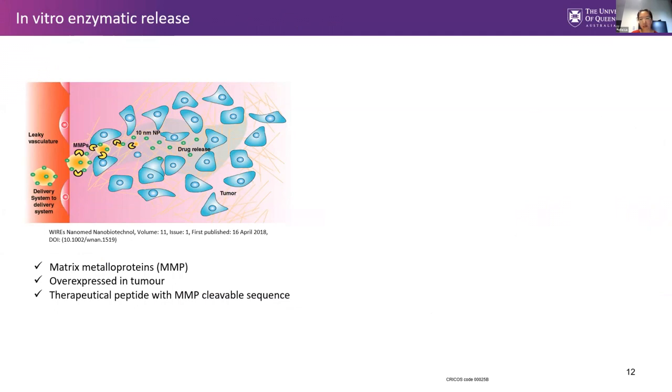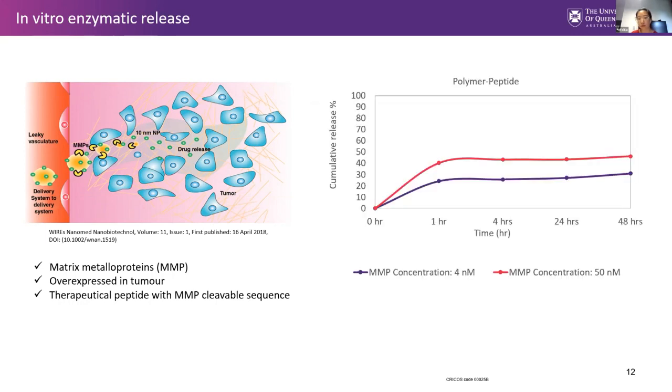And this MMP has been reported overexpressed in many tumors. And the literature also reported successful drug cleavage and specific response for this delivery formulation. So after the peptide was conjugated on the polymer, we also looked into the peptide release. We have some preliminary data showing that the peptide can be successfully cleaved off, and the level of peptide cleaved corresponds to the different levels of MMP in vivo.